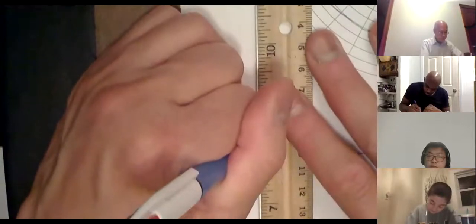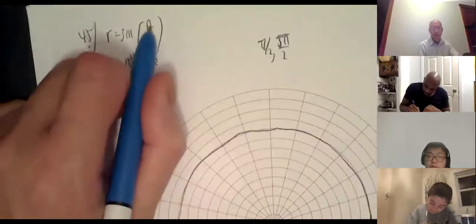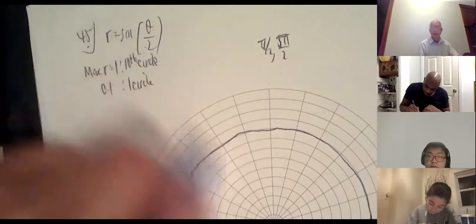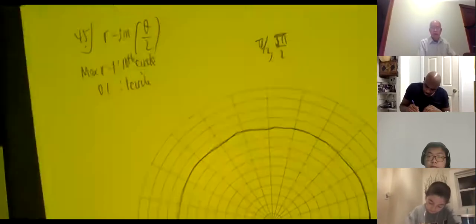Okay, so my chart's going to be like so, for theta. Again, I'm going to put every 90 degrees, because if I plug in 90, 90 divided by 2 is 45, so I'll be getting the 45 degree mark that I had anticipated.